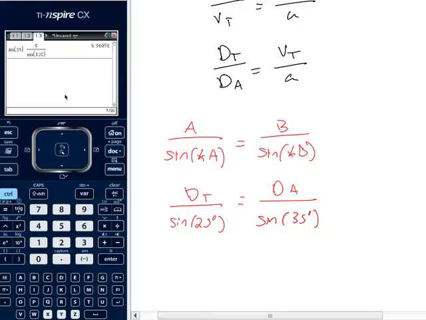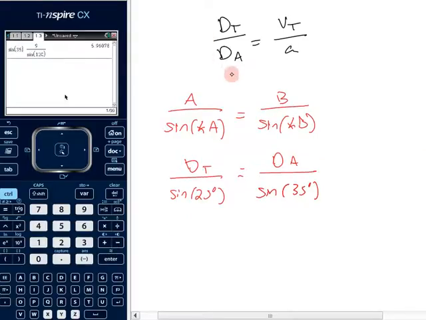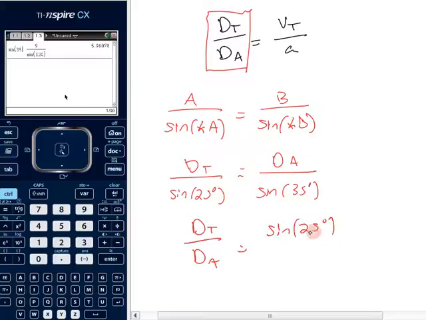I'm going to rearrange this, though, to get the same ratio dT to dA. So I'll divide dA to the other side, and I'll get dT over dA, and I'll multiply the sine of 25 to the other side, and I'll get the sine of 25 degrees over the sine of 35 degrees. This allows me to make a substitution.